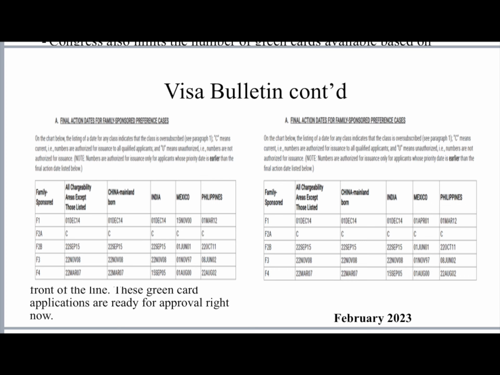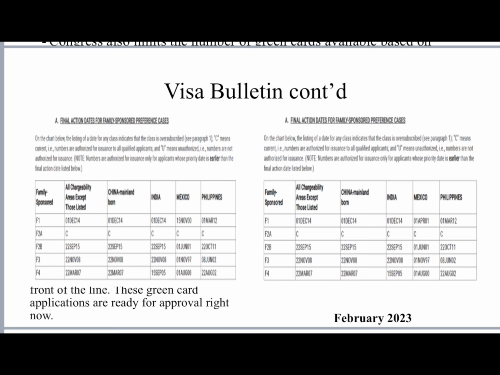So remember I mentioned China, India, Mexico, and the Philippines. Their case is a little different because of the population that they have, the amount of people that live in their countries. So they're listed separately because their backlog can be much greater than other countries.